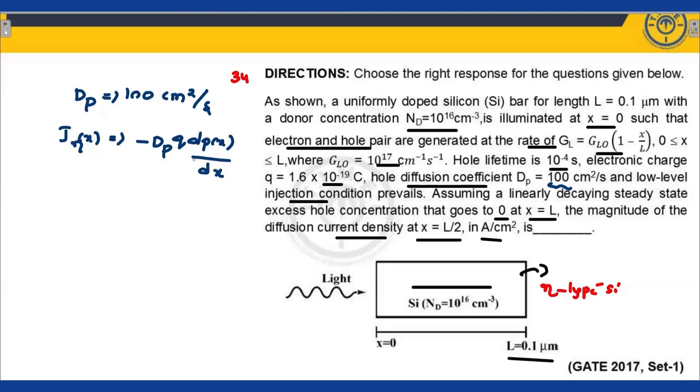He has also given the p of x value, that is equal to G of LO into (1 by x minus L) into tau p1. This is another formula described here. If I do this expression, we need to compute dp by dx.